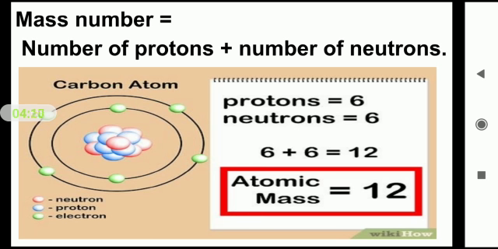Mass number is equal to number of protons plus number of neutrons. For example, an atom of carbon has 6 protons and 6 neutrons. Thus, its mass number is 12.